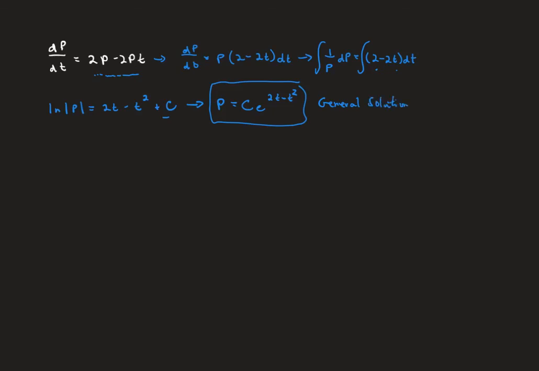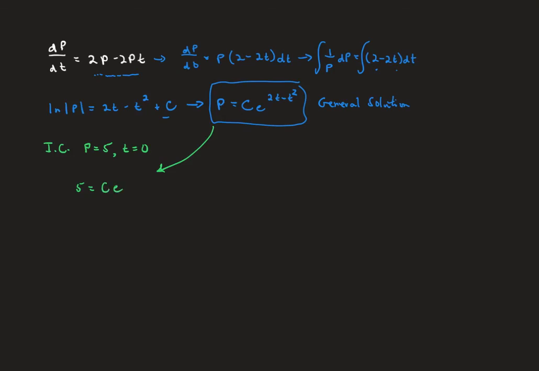Now I'm going to add in some initial conditions so that we'll be able to go a little further. Say p is equal to 5 when t is equal to 0. Armed with that information, with our general solution, we plug in the 5 where the p is, and the c is what we're trying to find.